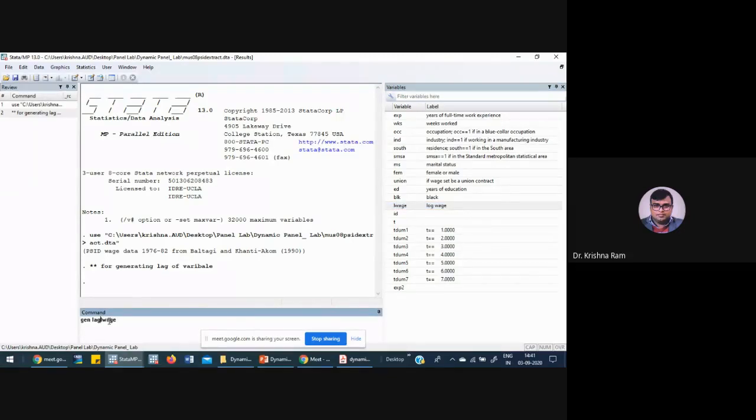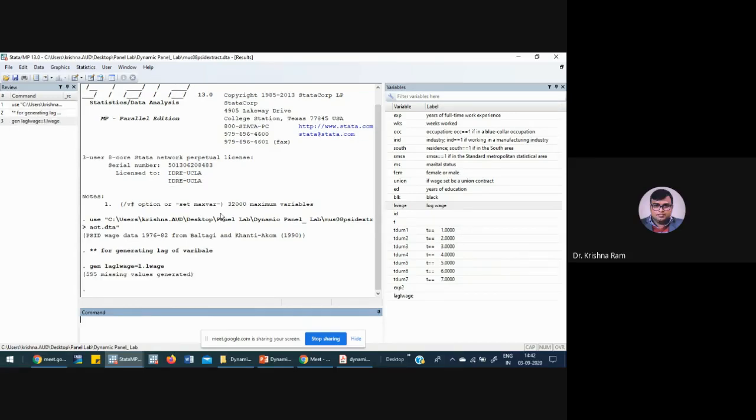I am generating the lag of log of wage, so lag log of wage equal to L dot log of wage. When we enter, we get a message of missing observations.